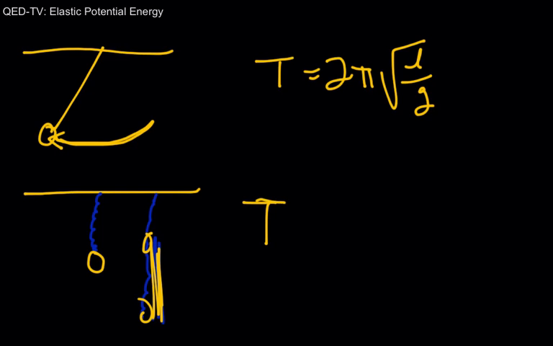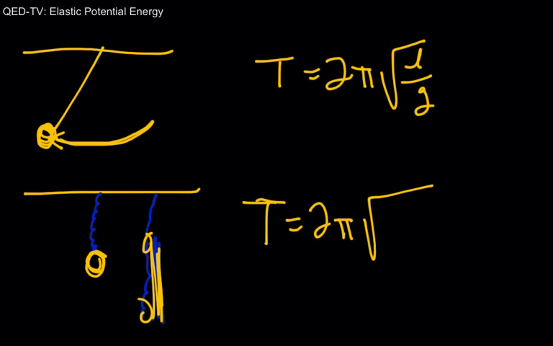It's still T equals 2 pi times the square root of. Now, what does this thing depend on? Well, a spring actually is going to depend on the mass. Remember, the period of a pendulum didn't depend on the mass at all. But this one is going to depend on the mass.